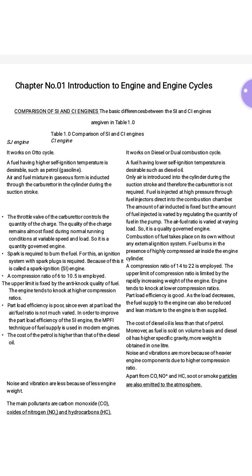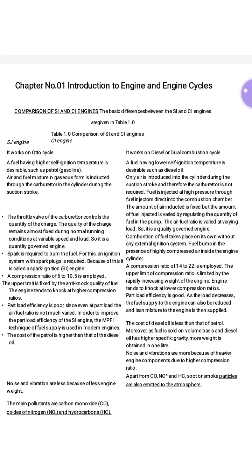Next difference is, in an SI engine, a spark is required to burn the fuel. For this, an ignition system with a spark plug is required. Because of this, it is called a spark ignition, that is SI, engine.